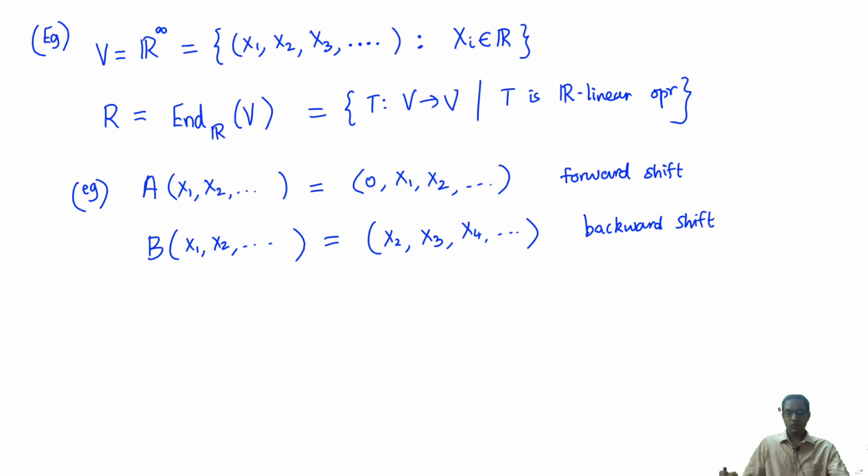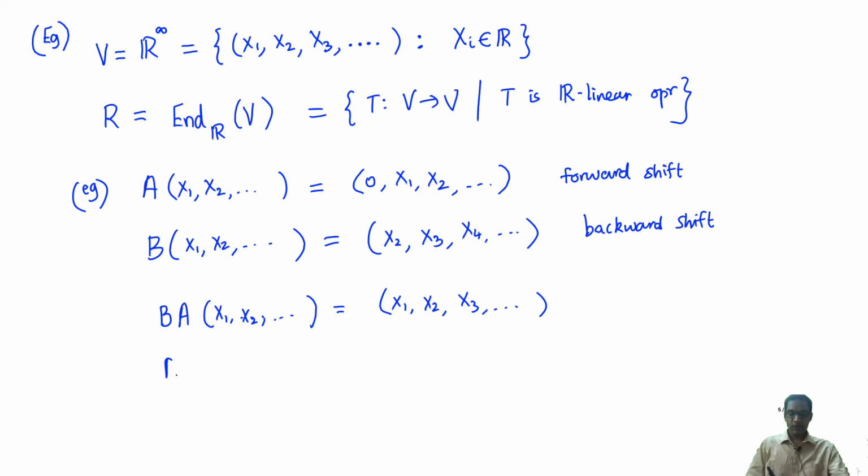Now observe that if I first do the forward shift and then the backward shift on an infinite tuple like this, it shifts one step forward and then one step backward. The 0 gets added on first and then removed in the second step. So that's just the identity map, giving me back what I started out with.